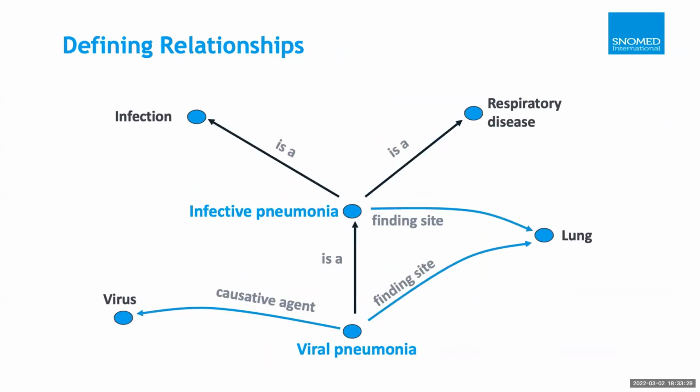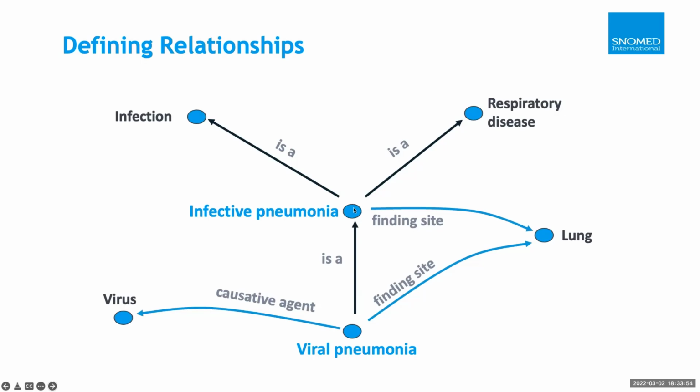So the next technique is using the defining relationships to create the queries. This involves filtering the concept codes that we're looking for based on the values of that concept's relationships. So here you have an example of the concept infective pneumonia. And this concept has three relationships.